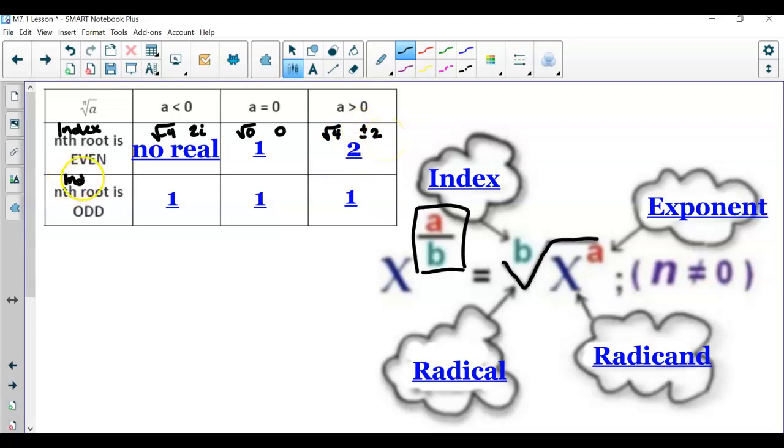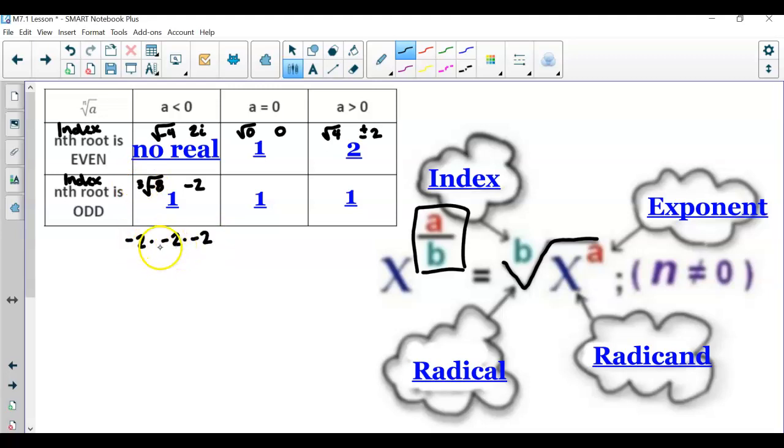But if the index is odd, so like let's say the cubed root. So let's say I have the cubed root of negative 8. Well, there actually now is going to be a solution. The cubed root of negative 8 is actually negative 2, because negative 2 times negative 2 times negative 2, notice how it's 3 times.